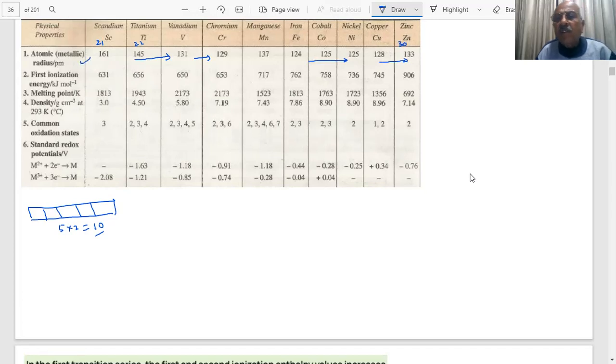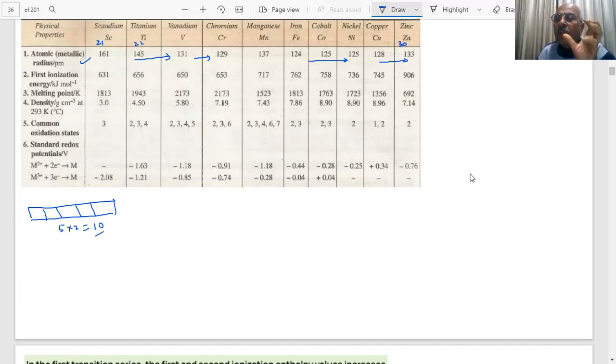Students, there are two important factors here. The electrons are being filled in the penultimate 3d subshell, which is not the outer orbital. As the effective nuclear charge increases, that will cause contraction in the size, but at the same time there is a screening effect which is operating.